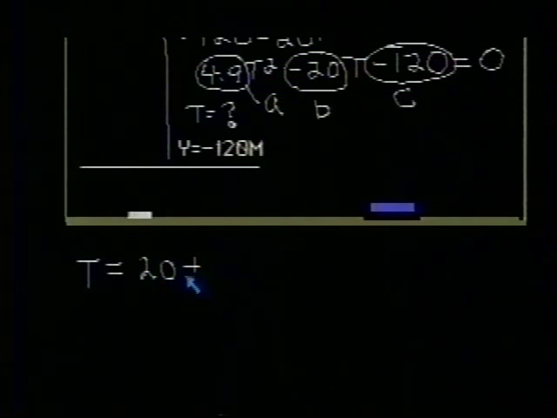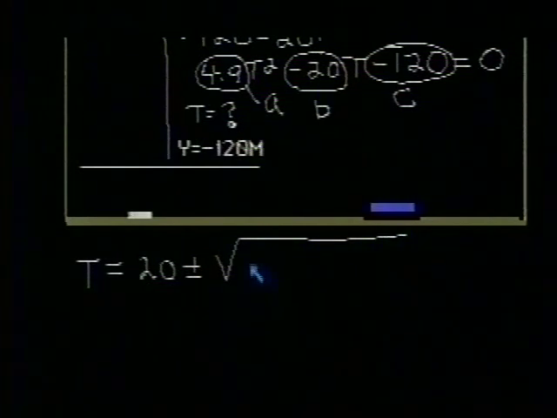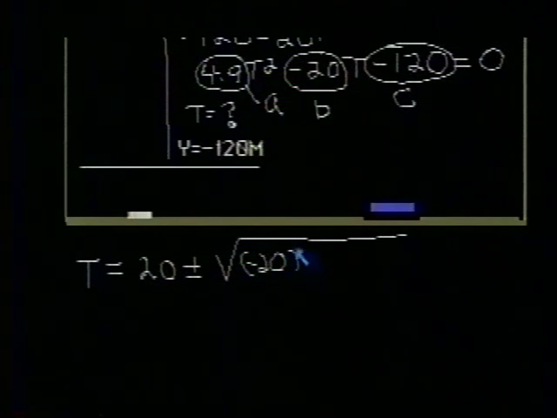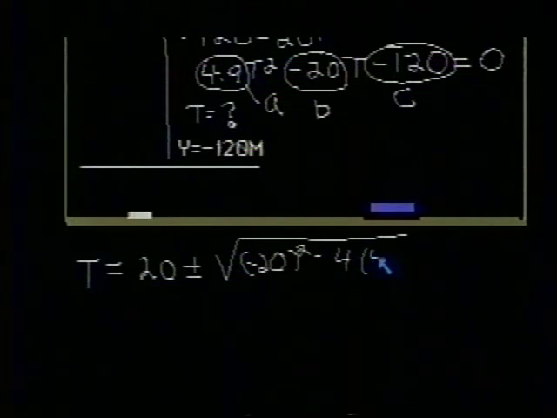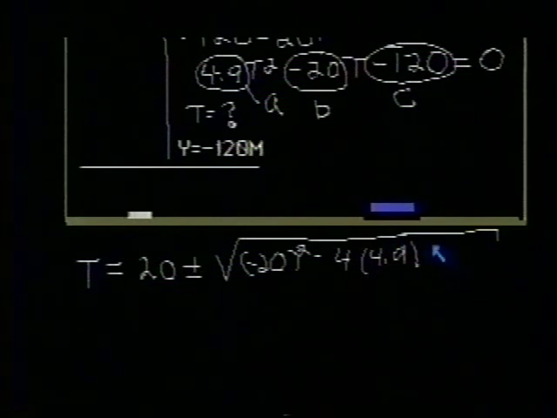the square root of b squared, that's minus 20 squared, minus 4 times a, which is 4.9, times c, which is minus 120.